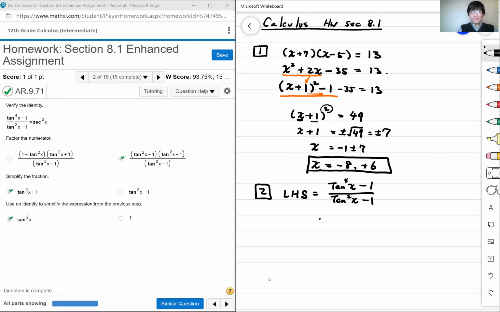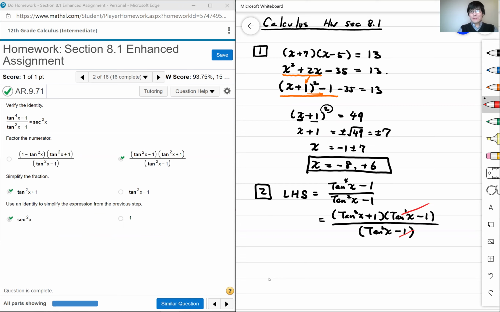Let's factor the numerator. Using the difference of squares, it's going to be (tangent squared x plus 1) times (tangent x squared minus 1) divided by tangent x squared minus 1.